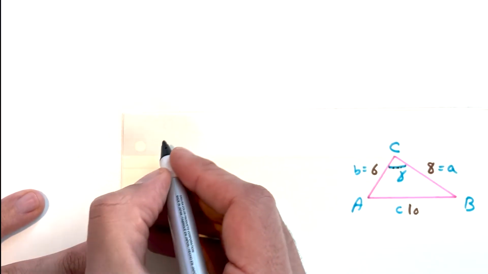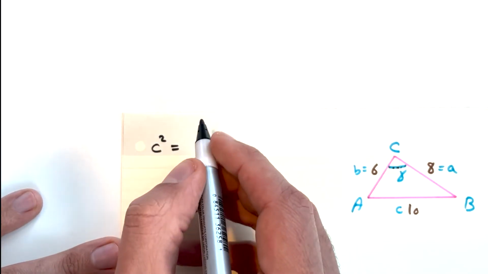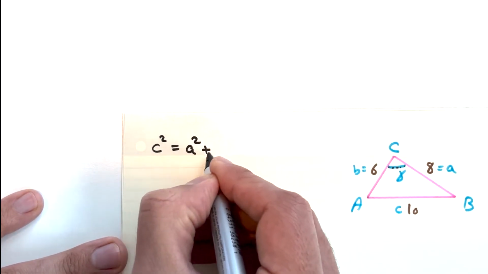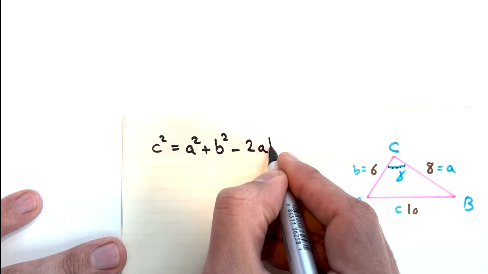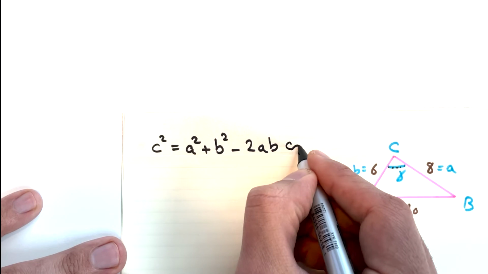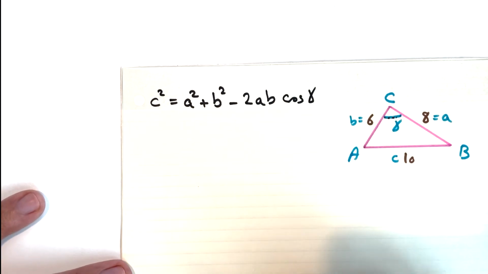Based on the law of cosine, I can write C square is equal to A square plus B square minus 2AB cosine gamma. Right?